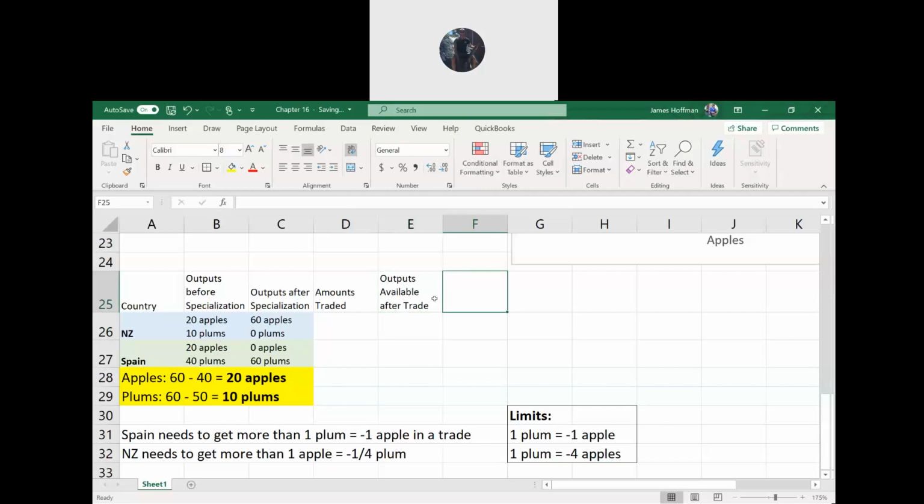And then finally, the gains from specialization and trade, which is what we're going for here. So the final column, the F column, is the gains from specialization and trade.